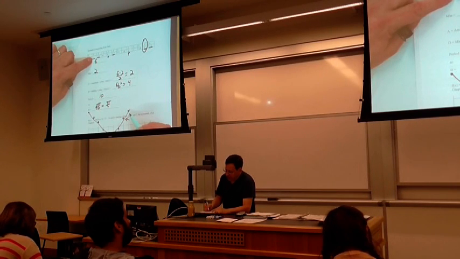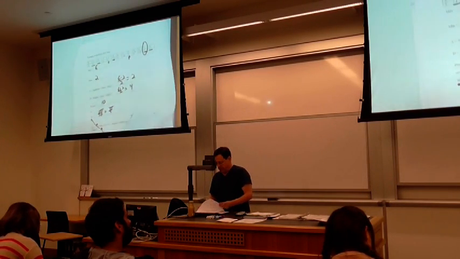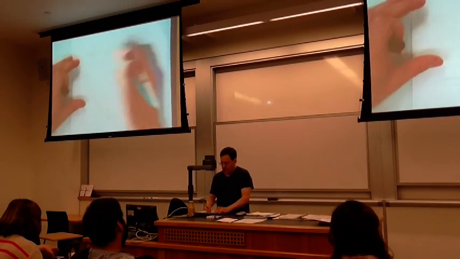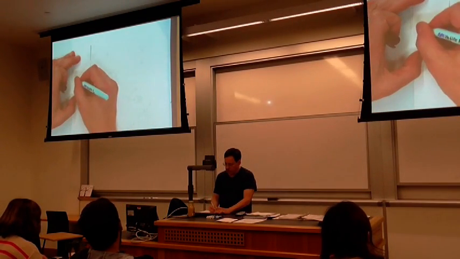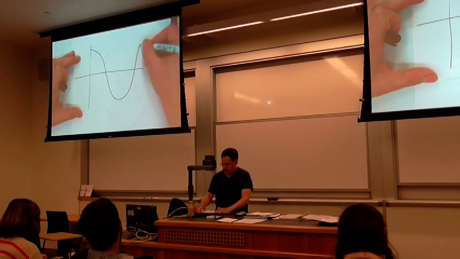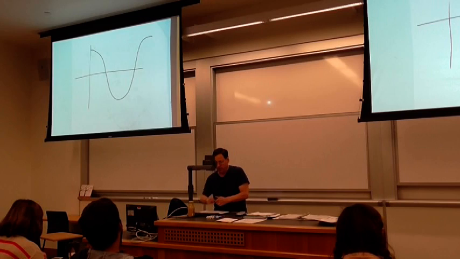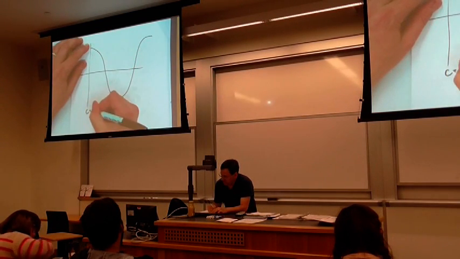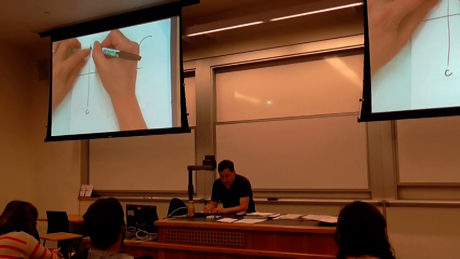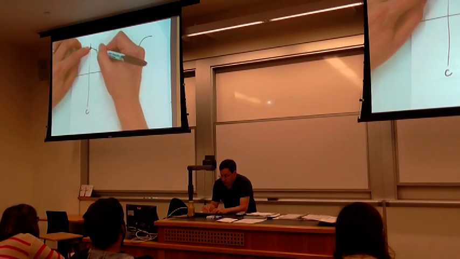Now, just to be clear about this, let's say I was modeling something with a cosine. The cosine at c is at the maximum and it's moving downward.